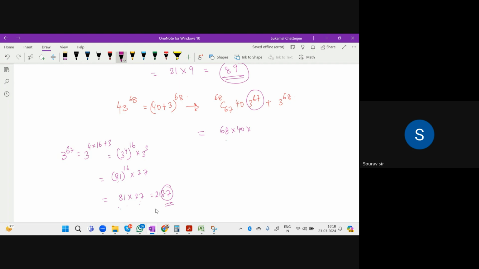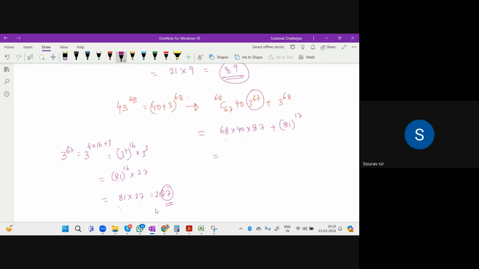Right? So 68 into 40 into 87 plus 3 to the power 68. This one will be straightforward because 3 to the power 68 is 3 to the power 4 whole to the power 17, so 81 to the power 17.